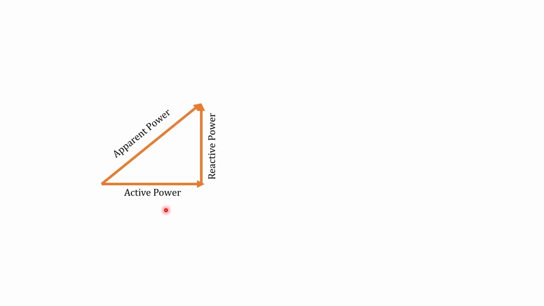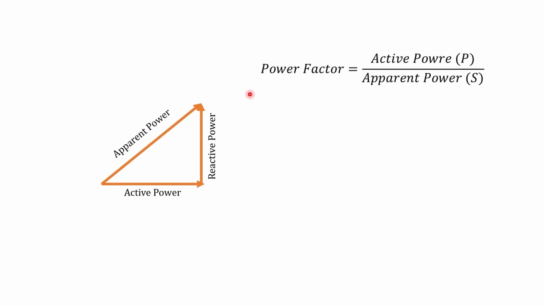So in the simulation we are measuring active power and reactive power. The equation for power factor is active power divided by apparent power. And what is the equation for apparent power? Basically the apparent power is S square equal to active power square plus reactive power square, P square plus Q square.